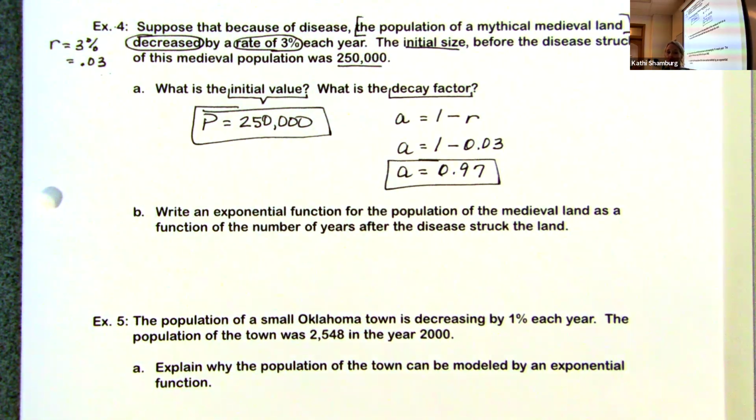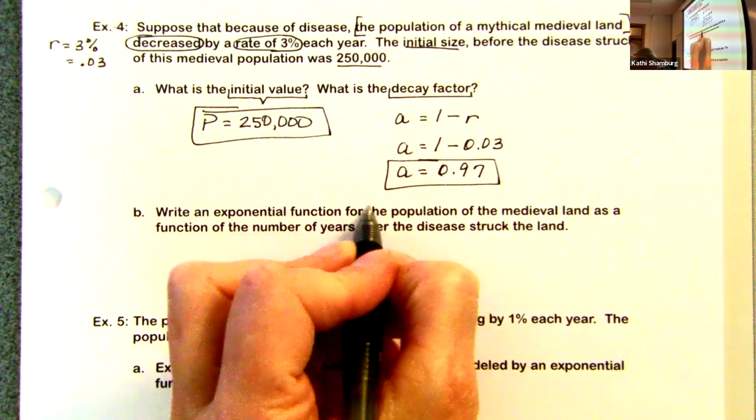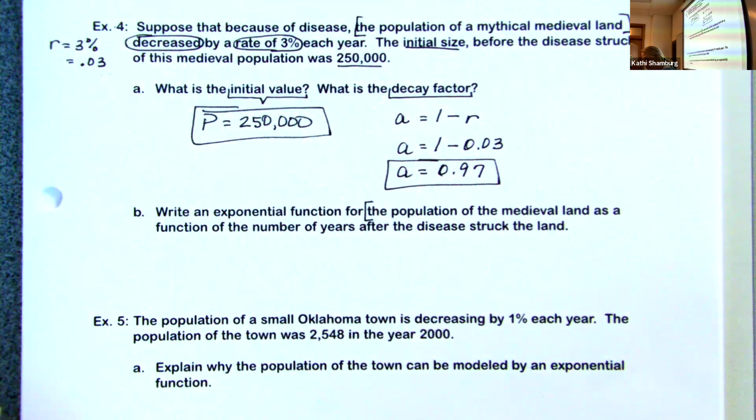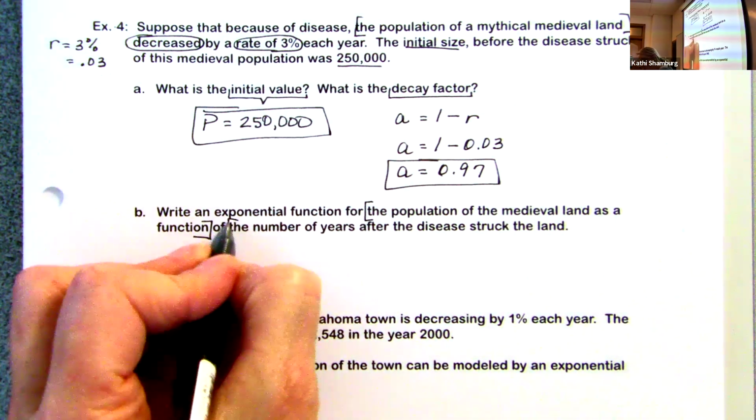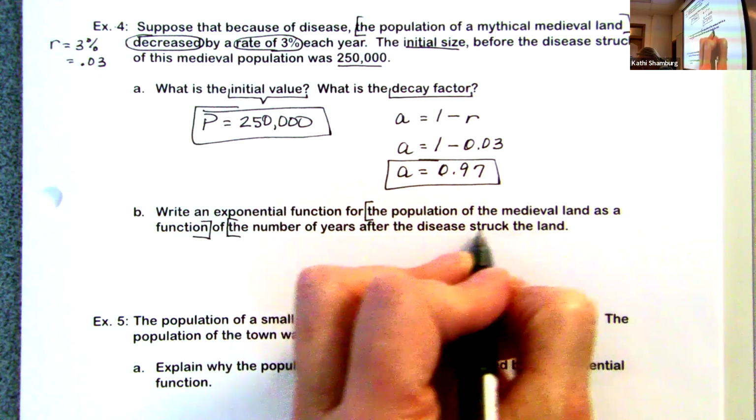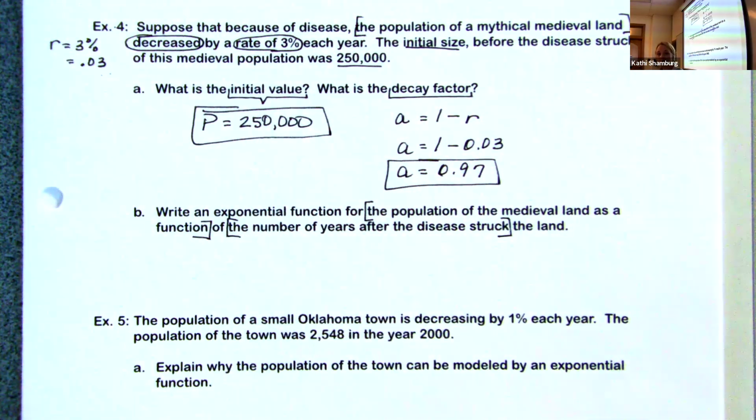Okay. Then in part B, now it's wanting you to write an exponential function. Oh, here's where it was at. For the population of the medieval land as a function of the number of years after the disease struck.